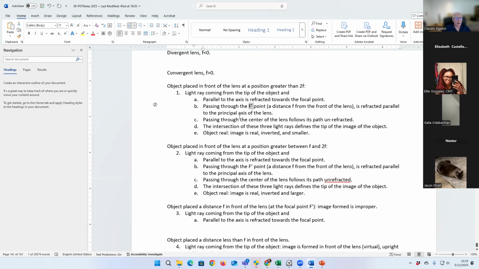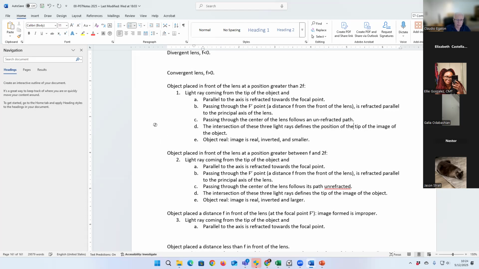Light passing through the center of the lens follows an unrefracted path. The intersection of these three light rays defines the position of the tip of the image of the object. The result is a real image: real, inverted, and smaller.